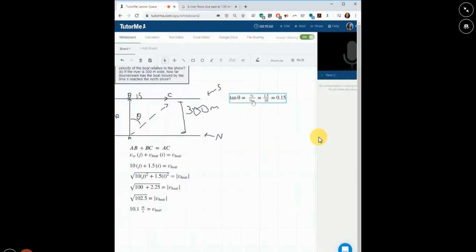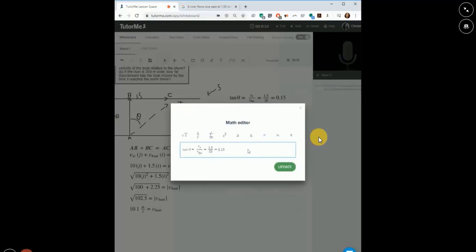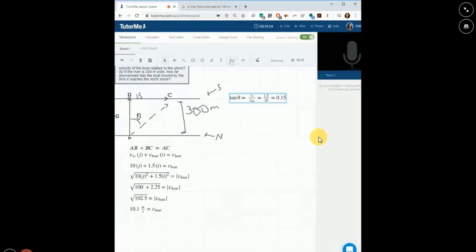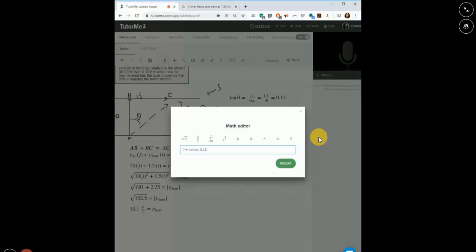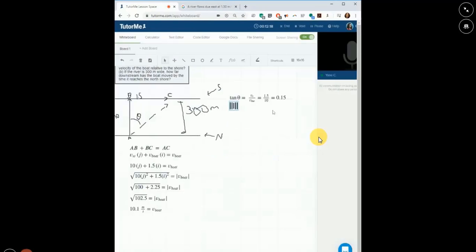In order to determine what that is, we have to take the arctangent, which will say that theta equals the arctangent of 0.15, which equals 8.5 degrees. So now we have what our theta equals.